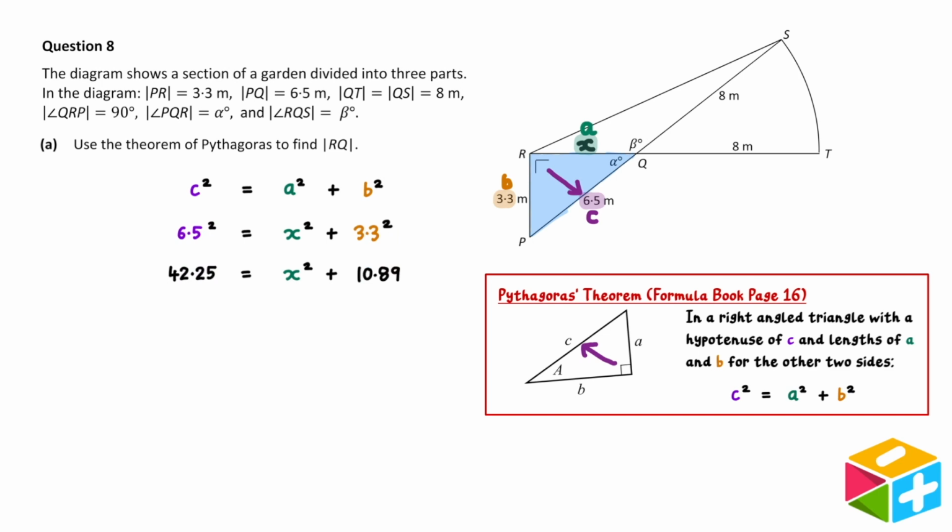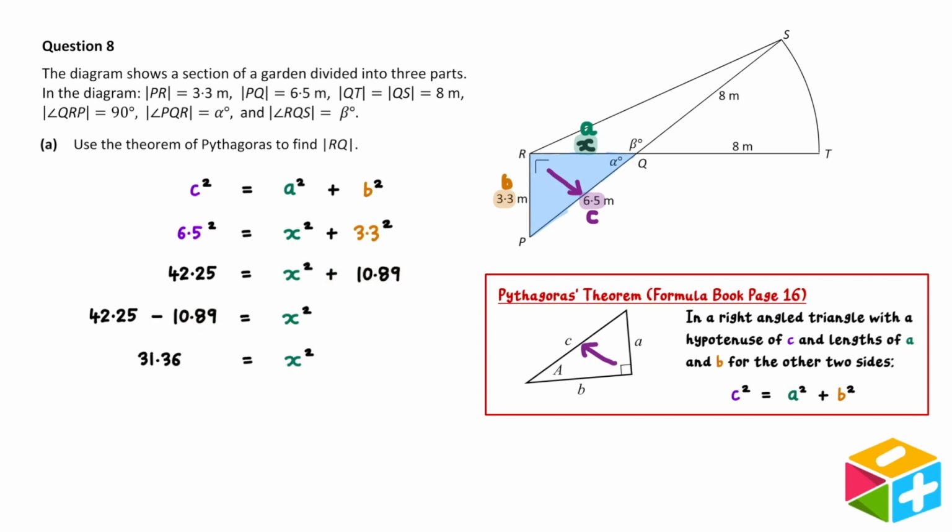To find the value of x, we'll need to rearrange our equation into the form x is equal to something. Our x appears on the right-hand side, and to isolate it, we'll need to get rid of the square and the plus 10.89. The opposite of addition is subtraction. So to get rid of a plus 10.89, we should subtract 10.89 from both sides.